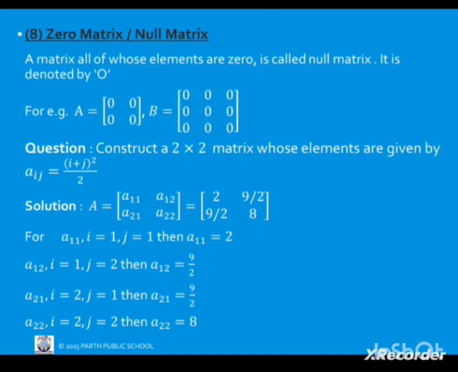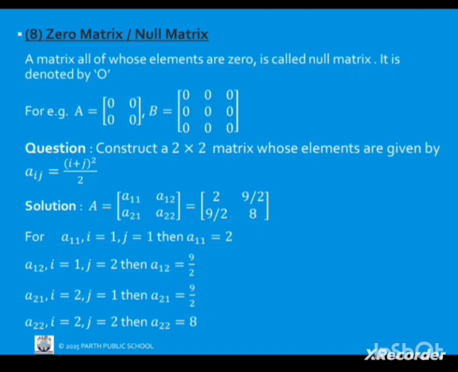Now 4 elements means A11, A12, A21, A22. A11 means first element of first row. A12 means second element of first row. A21 means first element of second row and A22 is second element of second row.